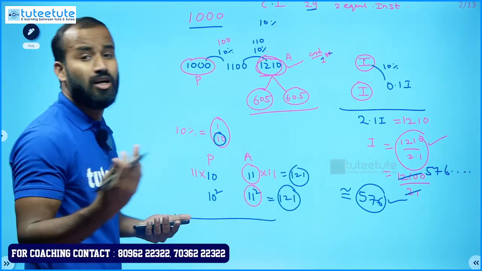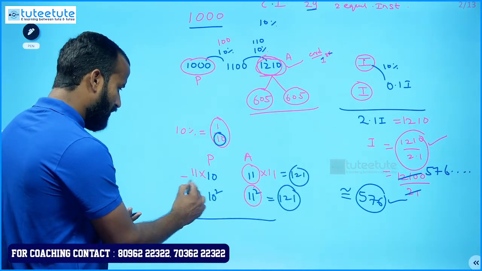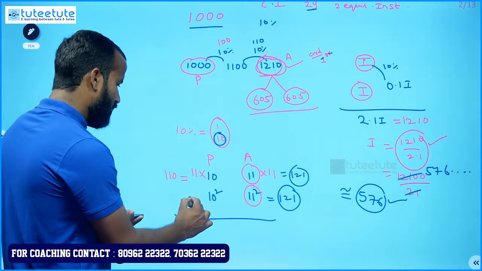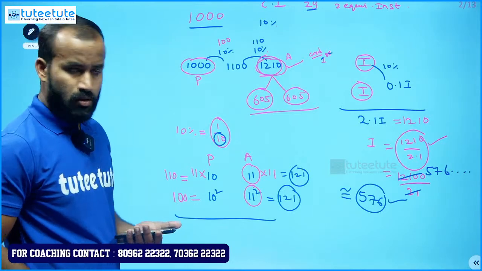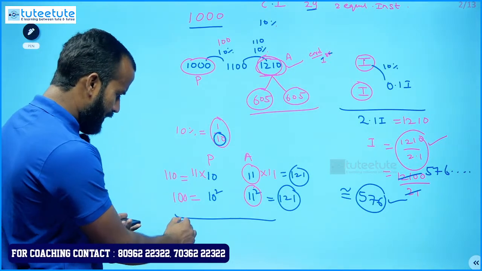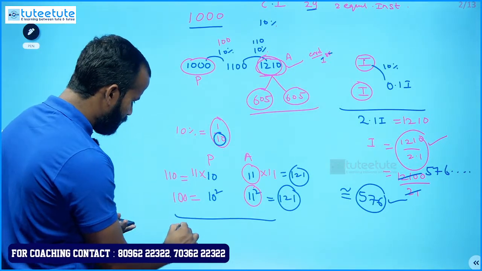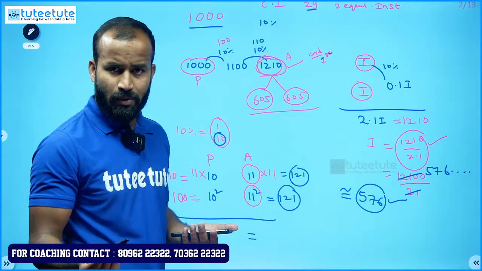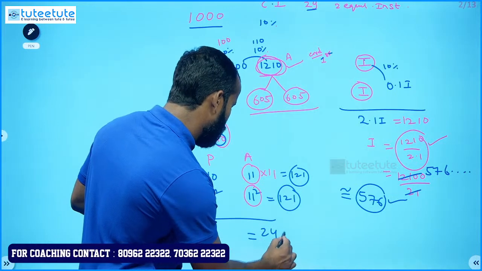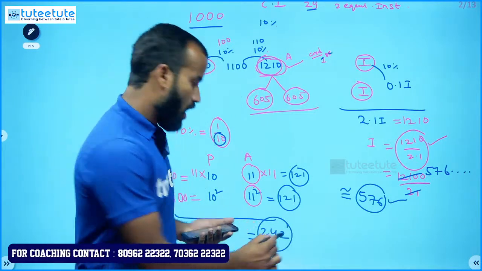So these two are the installments now. Here 11 into 10 will be 110, 10 square will be 100. 110 plus 100, how much you going to get? 210. Here 121 plus 121, 242. So this will be the amount.